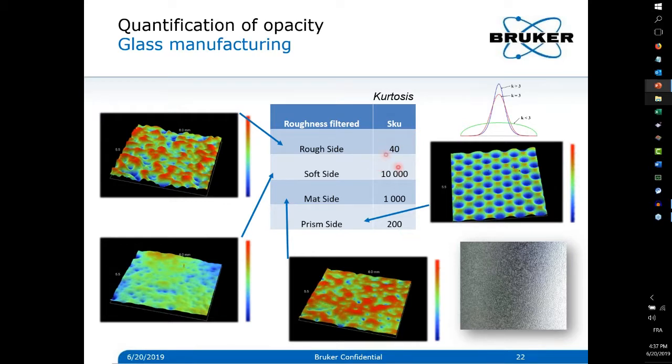I on purpose put just the orders of magnitude because you see that some kind of standard rough surface is around 40. If you start to really structure a surface with pits and with a certain waviness, you go to very high values. The matte is more around 1000, and the well-structured one is around 200. So you have a highly fluctuating parameter, which is linked to how the texture is.